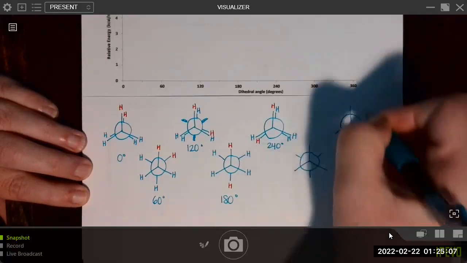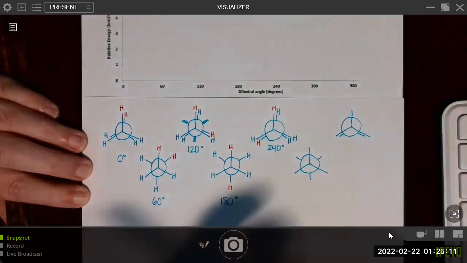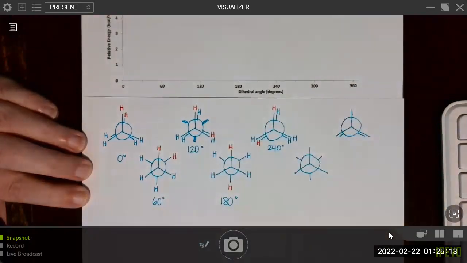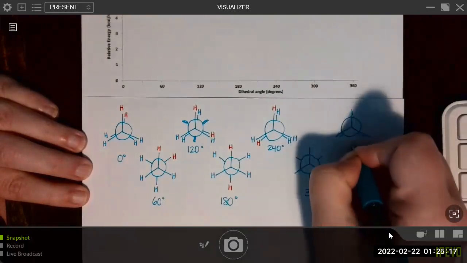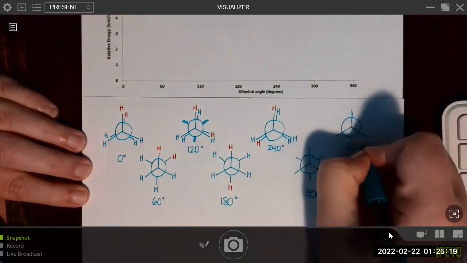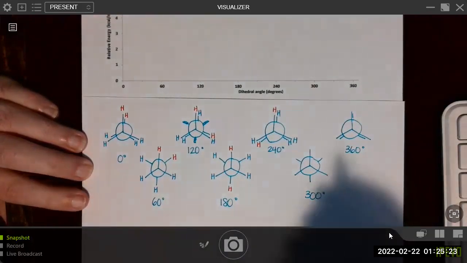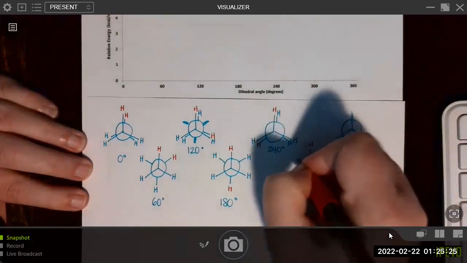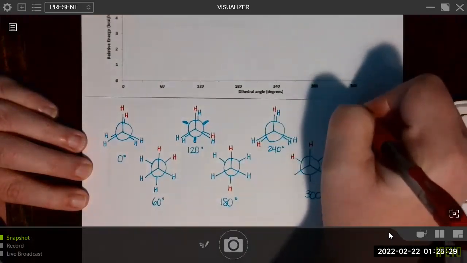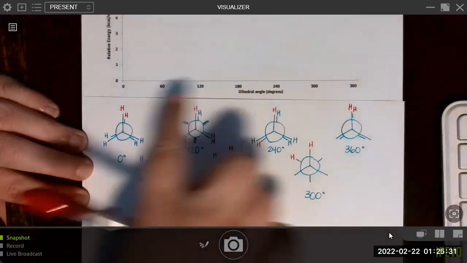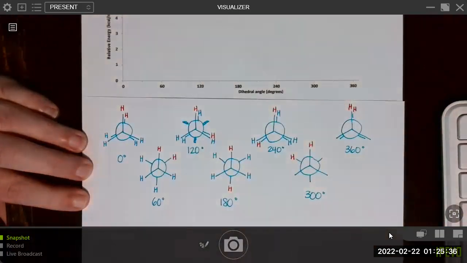I'm just starting out by drawing in a generic staggered and eclipsed conformation for the 300 degrees and the 360 degrees. So we have red hydrogens here, and then they go back to the full 360 degrees from the starting point, so they're back to the original position and eclipsed again.